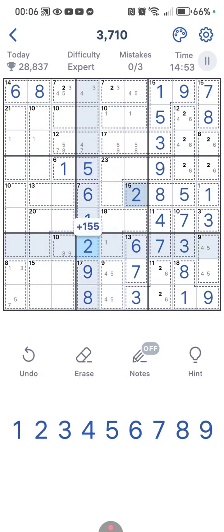1, 2, 8, 1. Okay, so what can go in here? 1, 2, 3, 4, 5, and 9. 9 can't go in there. So 9 has to go in here.